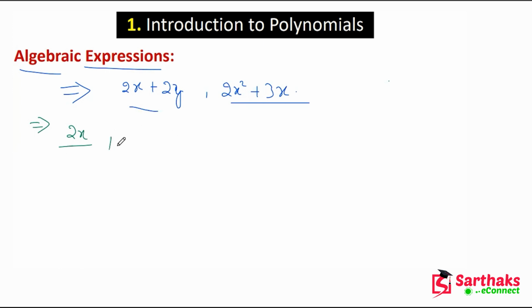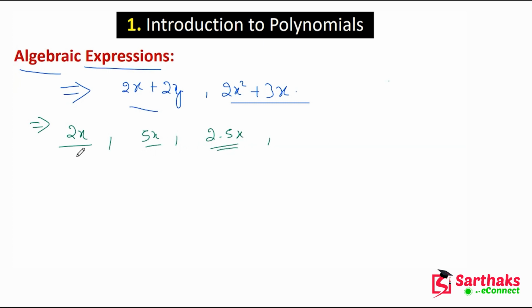Now we have to see a lot of examples. Like 5x, it is also a term. 2.5x is also a term. The constant may be negative or positive, or maybe in fractions or decimals.